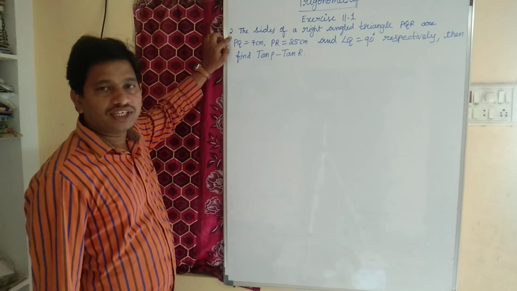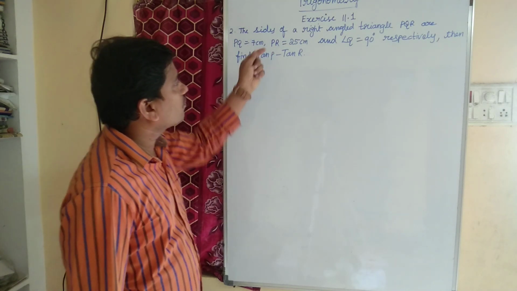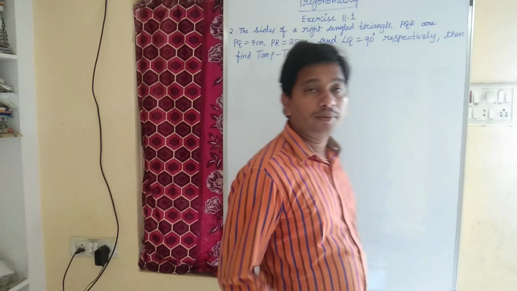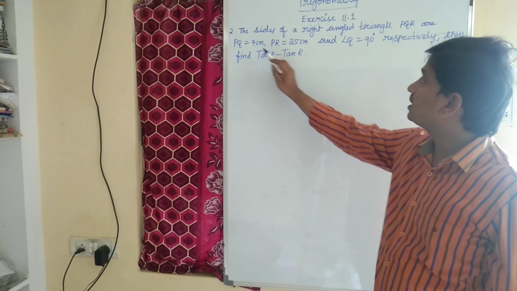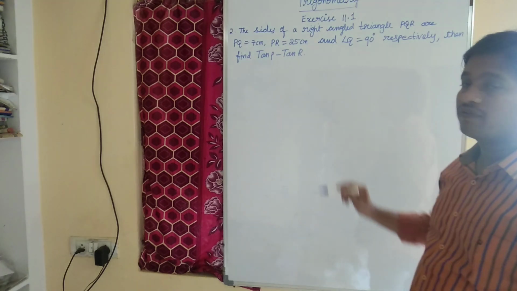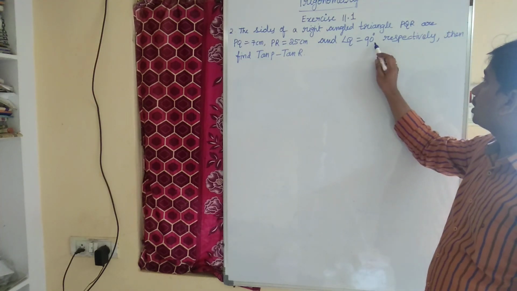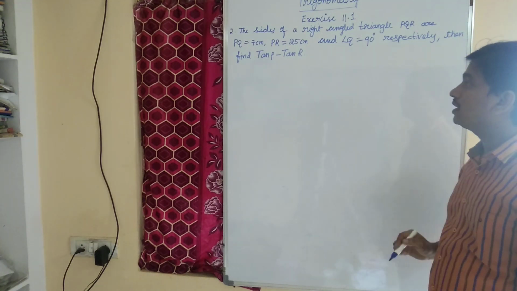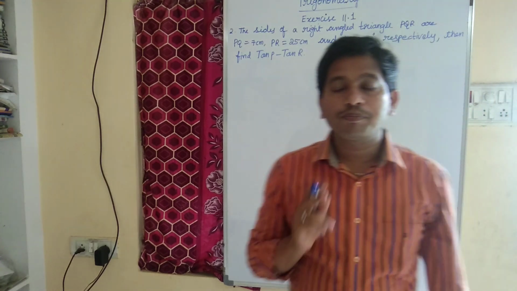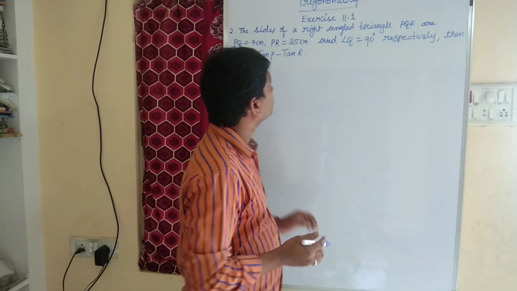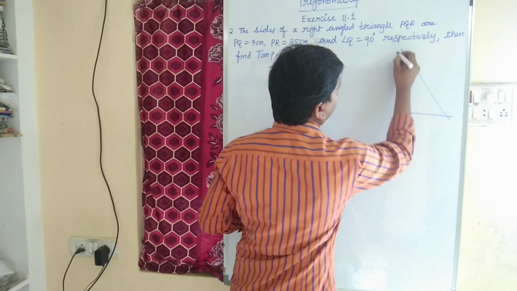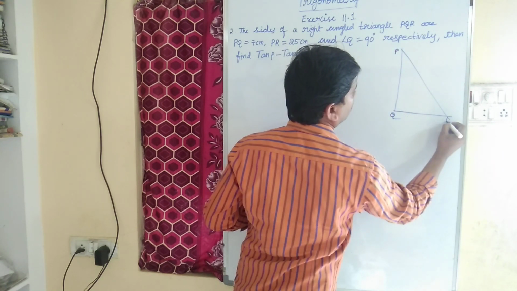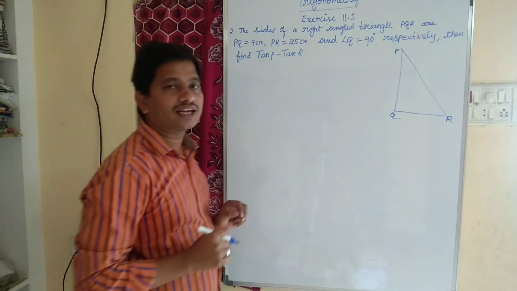Now the second question is the sides of right angle triangle PQR are PQ equal to 7 centimeter, PR equal to 25 centimeter and angle Q is 90 degrees respectively. Then find tan P minus tan R. So PQR is a right angle triangle.